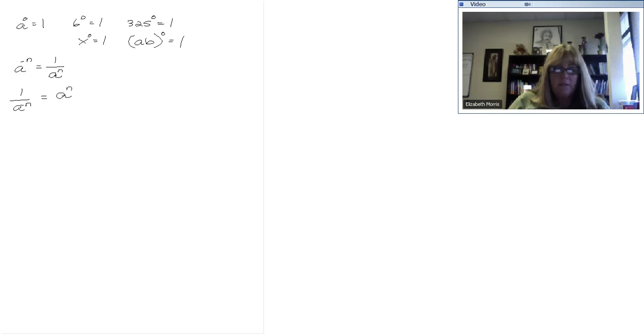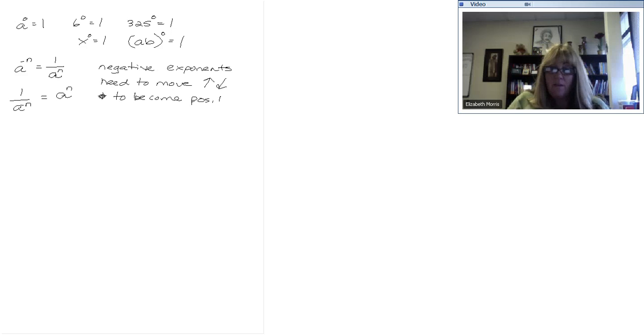So basically, negative exponents need to move either up or down. If they're in the numerator, they go to the denominator. If they're in the denominator, they go in the numerator. And that's to become positive exponents. We cannot deal with negative exponents. We can only deal with positive exponents.